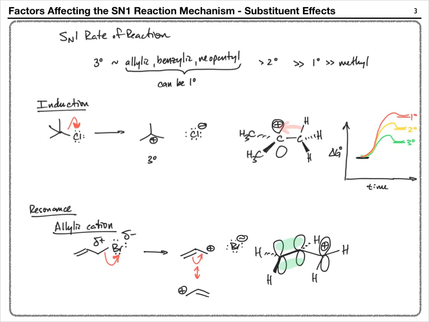So what is happening in the resonance structure? The two electrons are migrating over. So I'll show that. And then the plus charge, like I said, ends up at the terminal carbon. So that's how you can stabilize the positive charge, because you're delocalizing it over the terminal carbons.